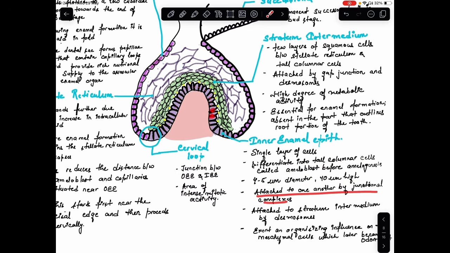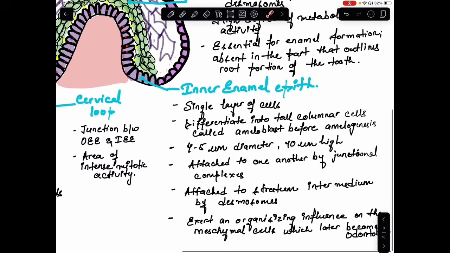These red dots are attachments called junctional complexes, and they're also attached to the stratum intermedium through desmosomes. The stratum intermedium cells are also attached to each other through desmosomes. They exert an organizing influence on the mesenchymal cells, which later become odontoblasts.